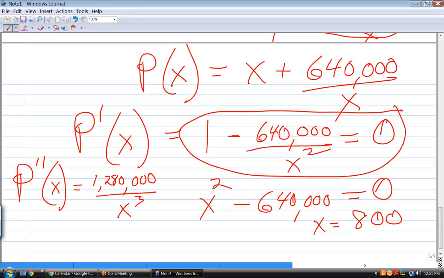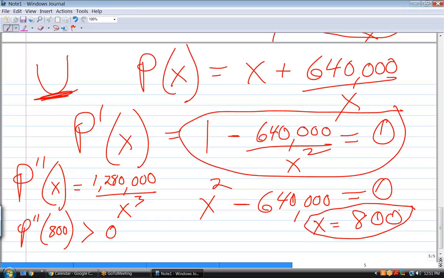When I plug in x equals 800, is that positive or negative? In other words, P double prime of 800 is greater than 0, correct? There's no negative sign, so it's positive, which means it's concave up, which means it is a minimum. So that's our answer.